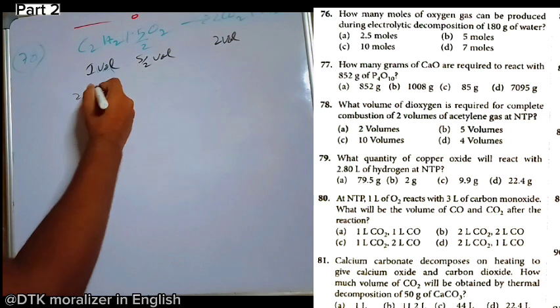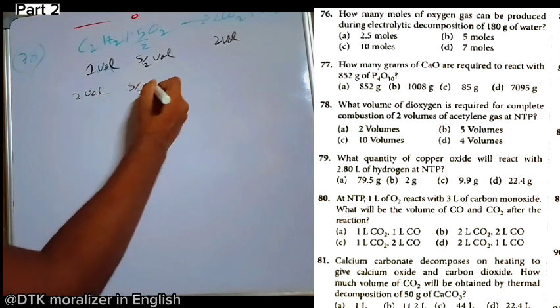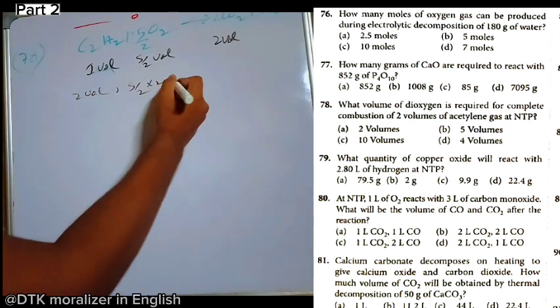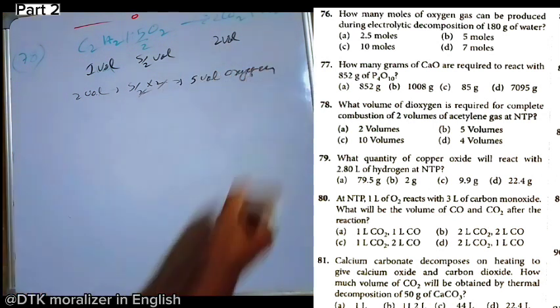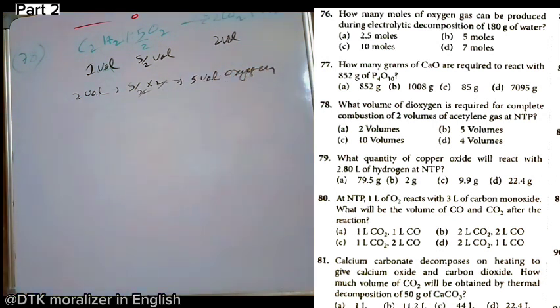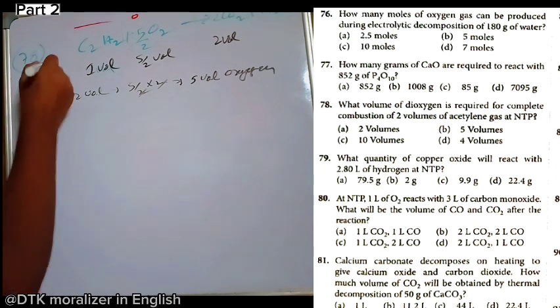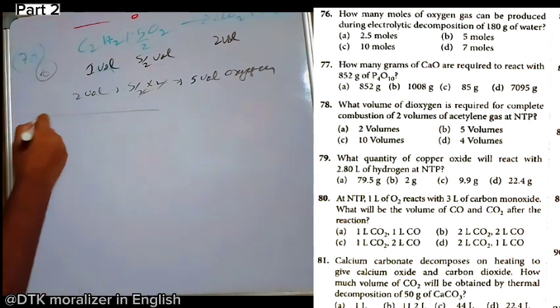As you can see, 2 volumes of acetylene needs 5 by 2 into 2 volumes of oxygen, which gives 5 volumes of oxygen. So option B is right here.